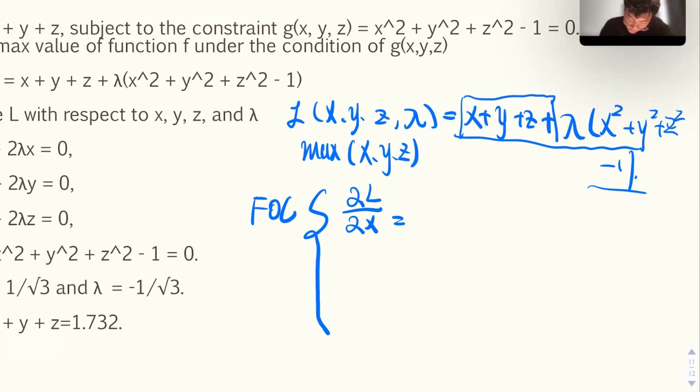We take the derivative with respect to x and get 1. Here we have a lambda, and the y squared and z squared and minus 1 we treat as a constant, which disappears when we take the derivative with respect to x. We will have x squared. Don't forget there's a lambda right there, since it's multiplied, so it keeps it the way it is.